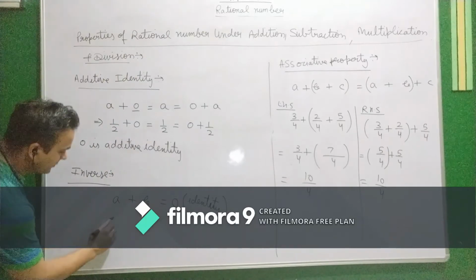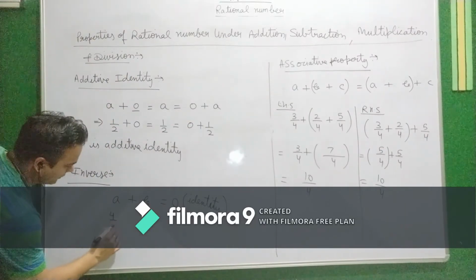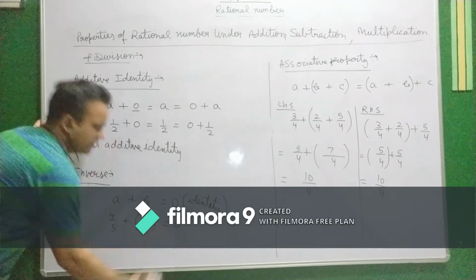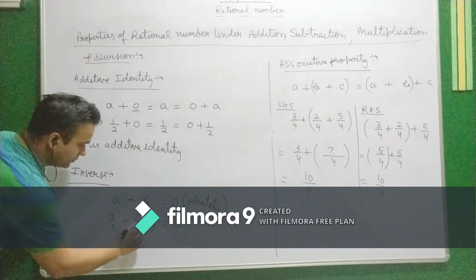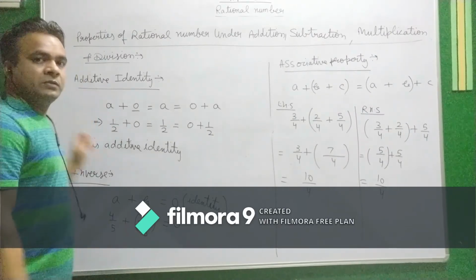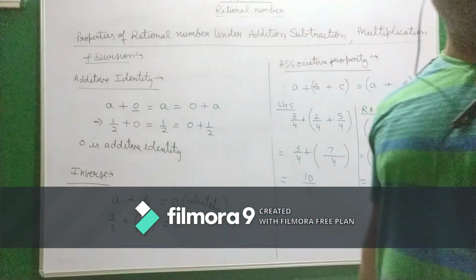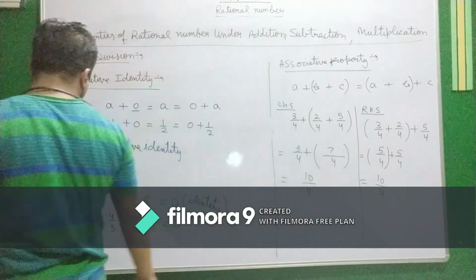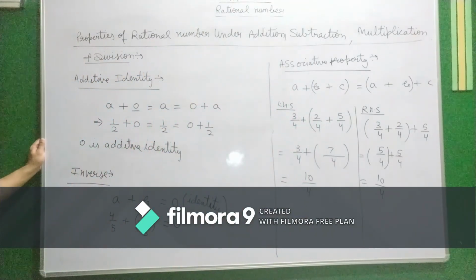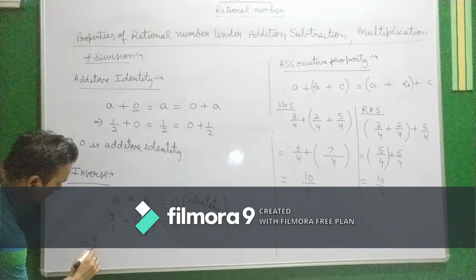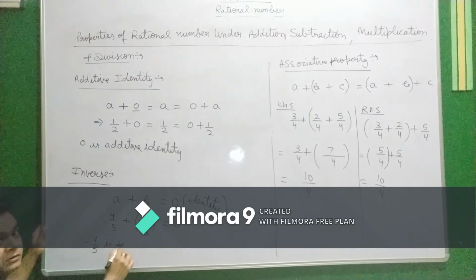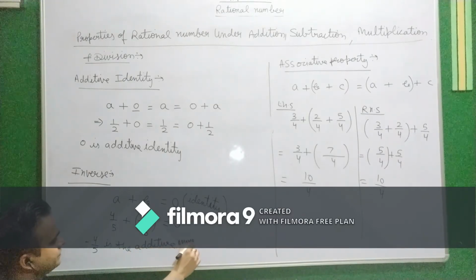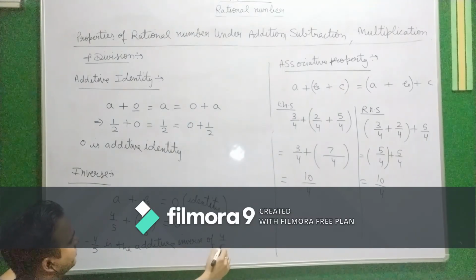For example, suppose I am taking 4 upon 5. What should be added with 4 upon 5 so that you can get 0? So you will say minus 4 upon 5. Right? So we can say that minus 4 upon 5 is the additive inverse of 4 upon 5.